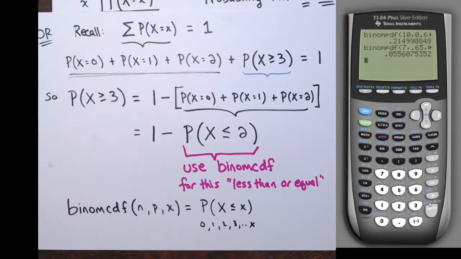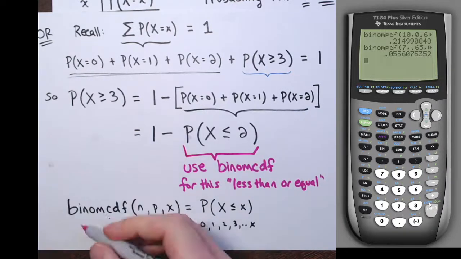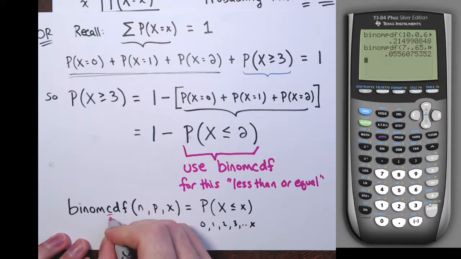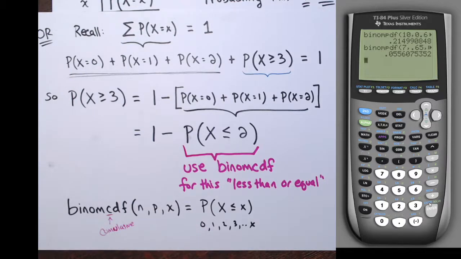It adds up all the probabilities from 0 up. It's cumulative. The C stands for cumulative. And again, hopefully you remember back to chapter 1 when we had cumulative relative frequencies. It starts from the lowest class, the lowest number of successes, and adds up the probabilities until the number of successes you entered.